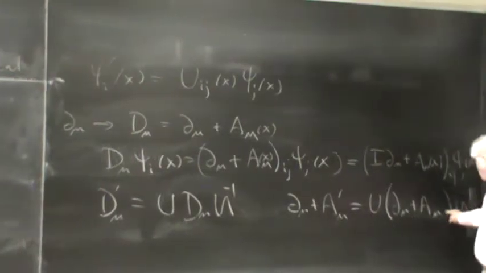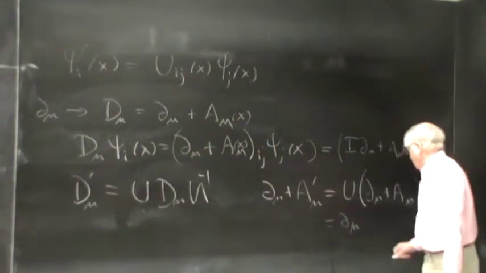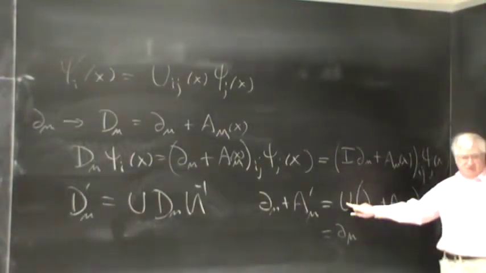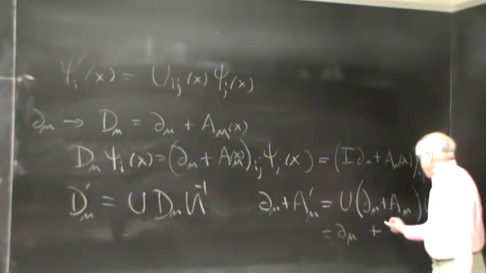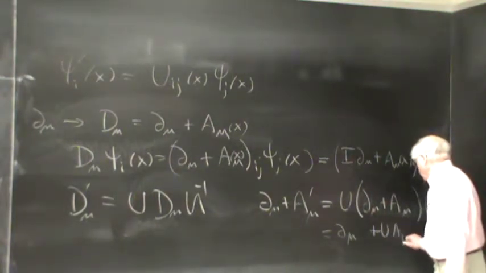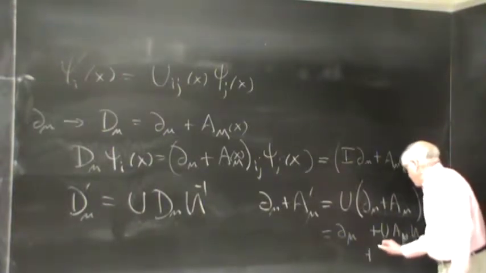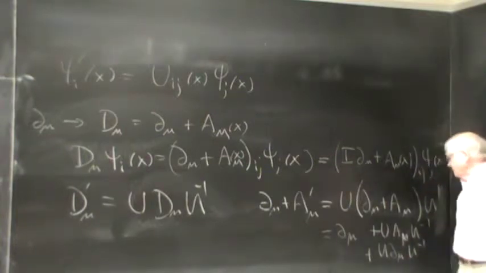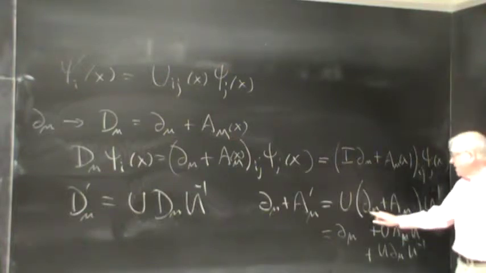And now d mu acting on U inverse, it first of all goes through it and multiplied by U inverse, which is just the identity. And then what's left is U A mu U inverse plus U d mu U inverse. Okay? So there are three terms here.